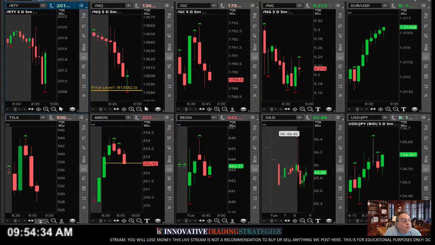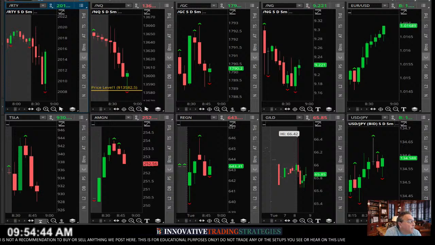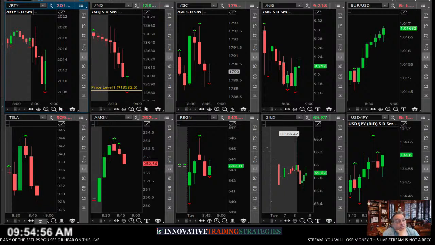AMGN did hit its pullback target of 252.60. The other way you could trade this, if you're a short seller, is you could sell in these pullbacks. I'm not real excited about selling stocks. I prefer to buy them, but if you're a short seller, you can certainly play the short side.